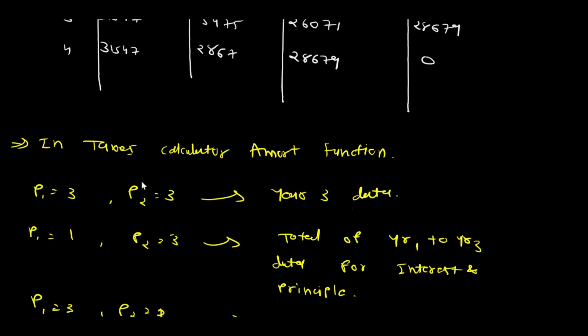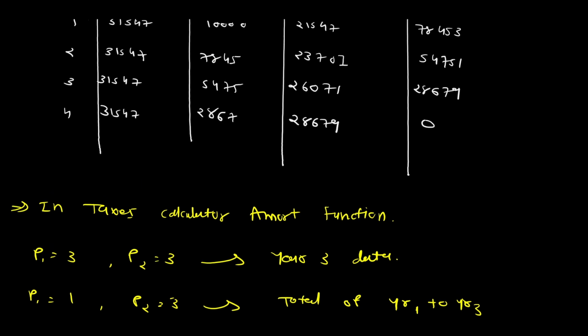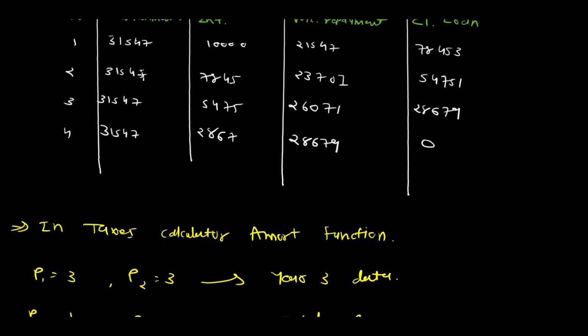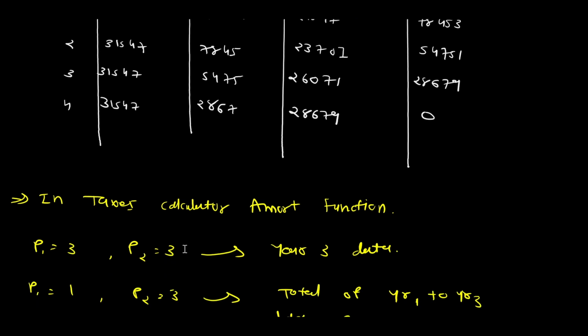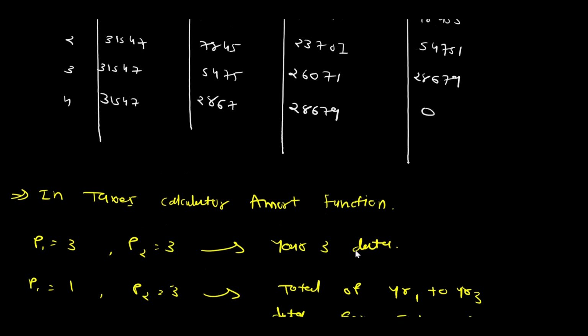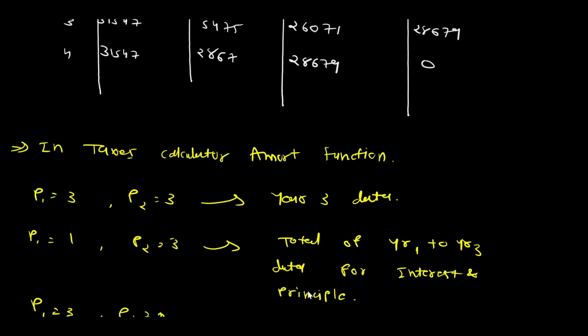If you want to check the year 3 data, just enter P1 as 3 and P2 also 3. If you enter P1 and P2 as 3, you will get the year 3 data for the interest and principal below.